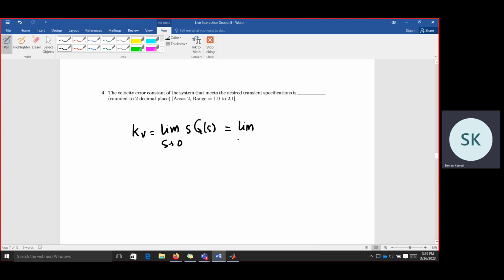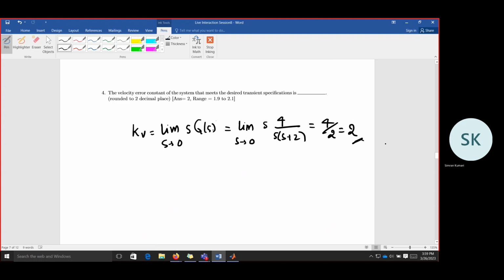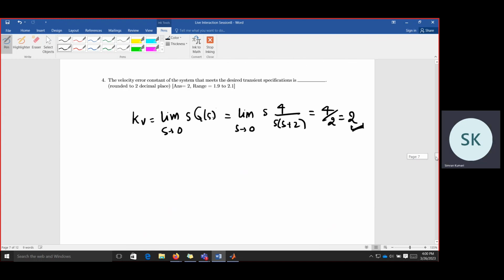So we have limit s tending to 0 of s times 4 by s plus 2. So this will be 4 by 2 equal to 2. So this is the value of kV for this improved system.